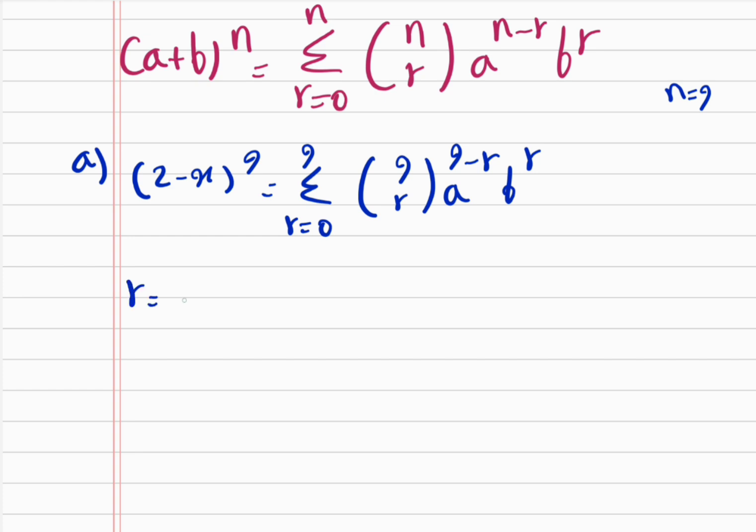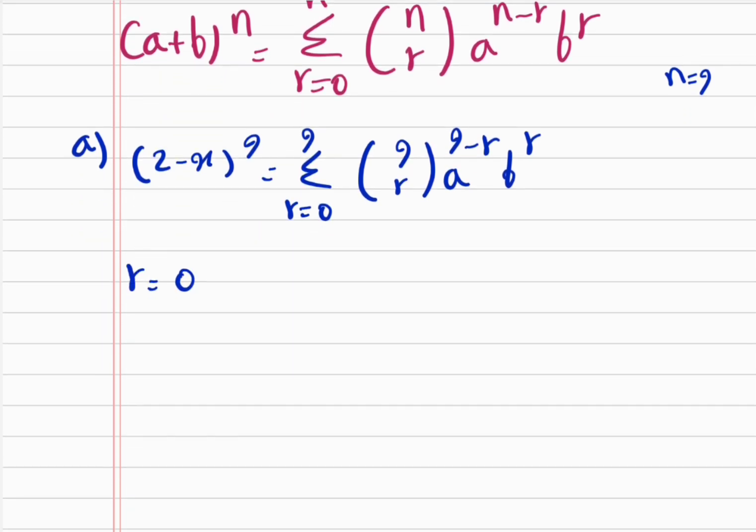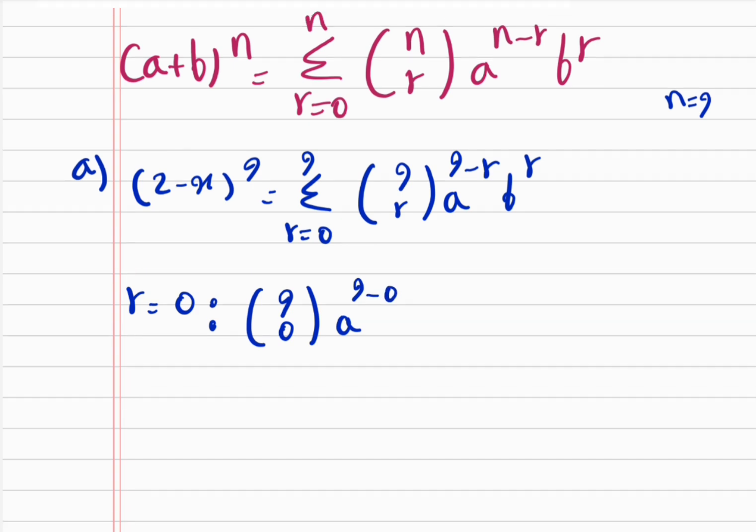We can start with r equal to 0. Again, remember that we want the first three terms in ascending powers of x. So when r is equal to 0, we have 9 choose 0, and then a to the power of 9 minus 0. I forgot to mention, but in this question a is equal to 2 and b is equal to minus x, because we need them for substitution.